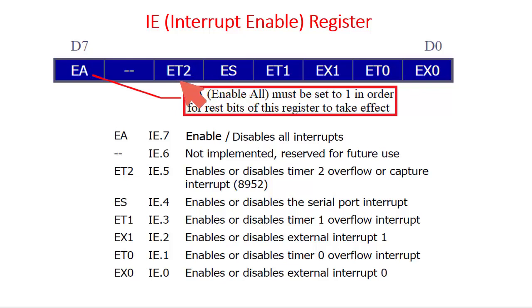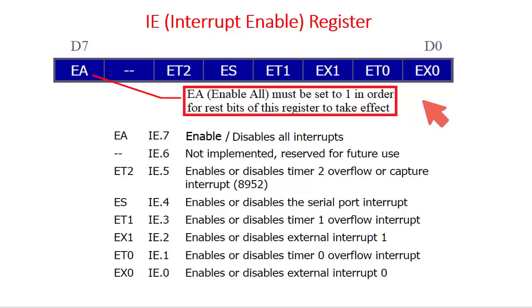This ET2 is just like ET0, ET1. This is related to timer 2. In the 8051 there is no timer 2, but if we use the 8052, there is timer 2. For that case, this bit will be set. So these are the different bits related to different interrupts.